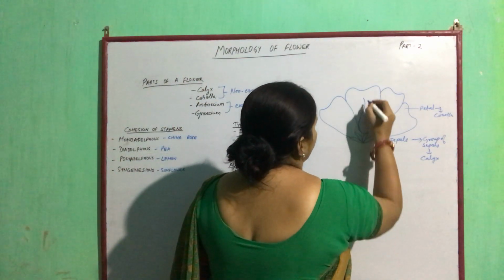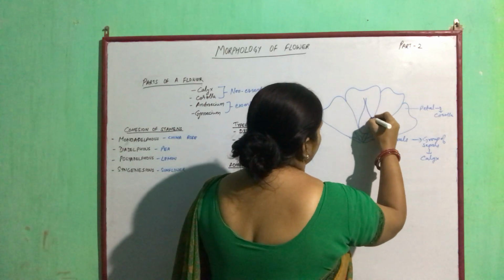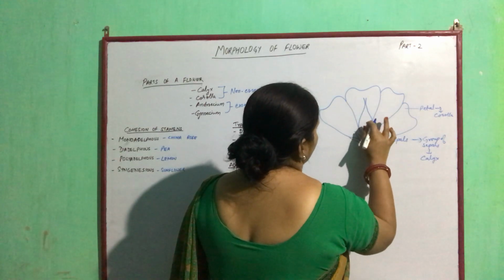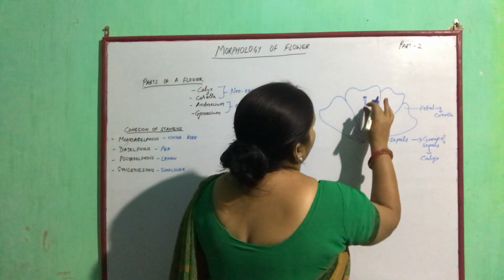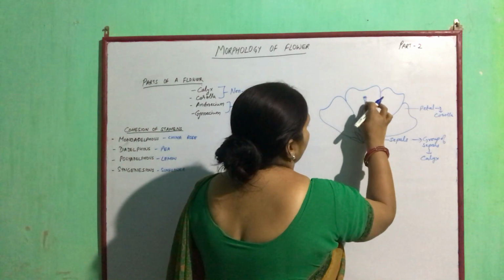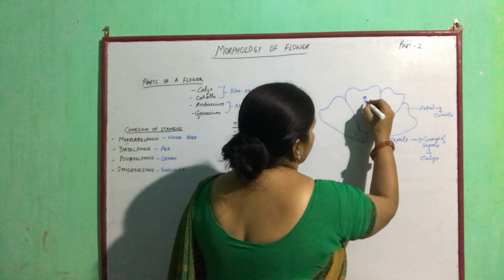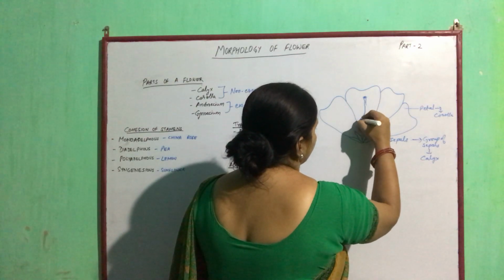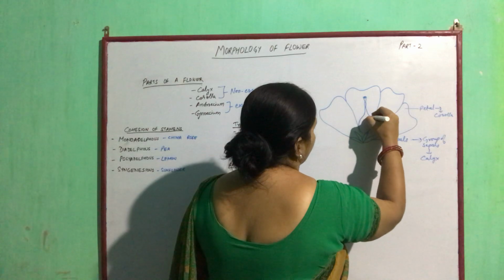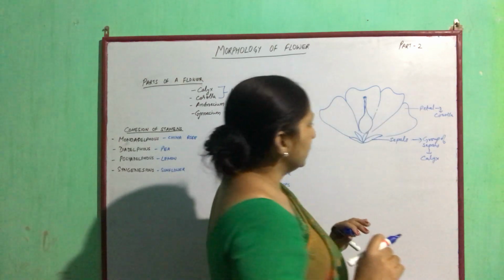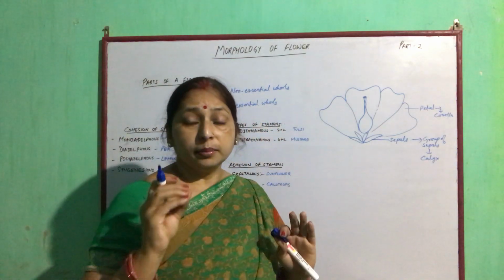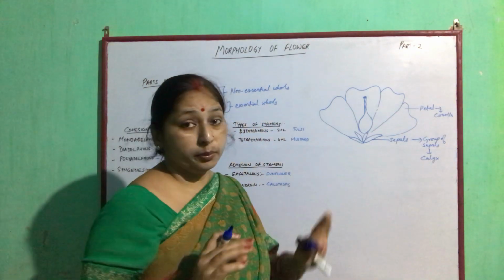After that, the female reproductive structure, which has a stigma and a long tubular structure, the style. I have told in all my videos that my board is a little bit slippery, so the diagrams may not be perfect.